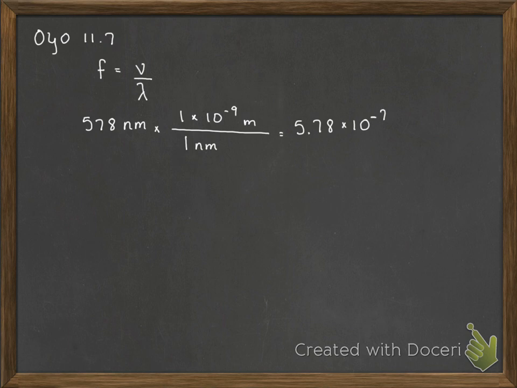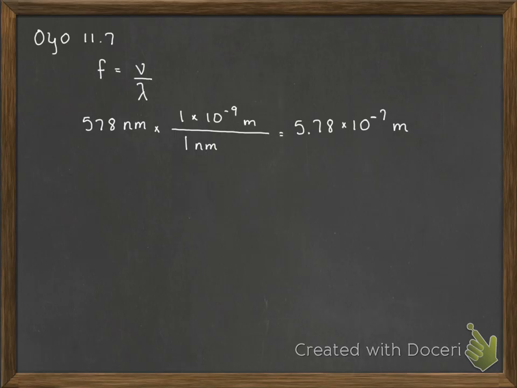And what we'll notice then is in every conversion, the decimal will shift 2 places to the left, and the power will go up by 2. Okay, so now we've got our wavelength in meters.